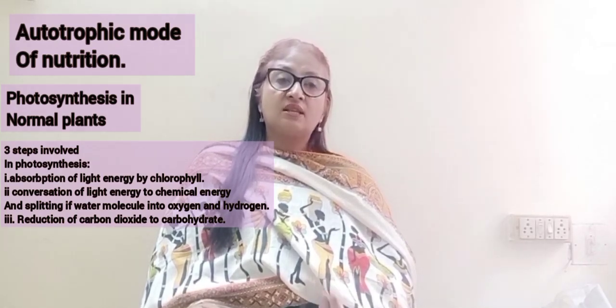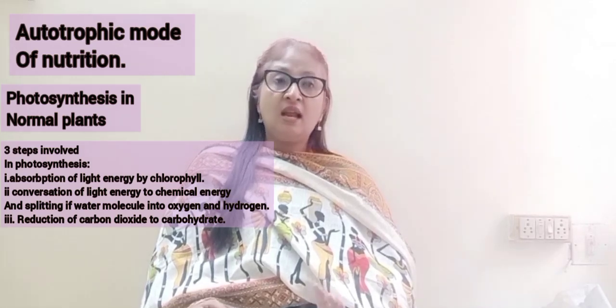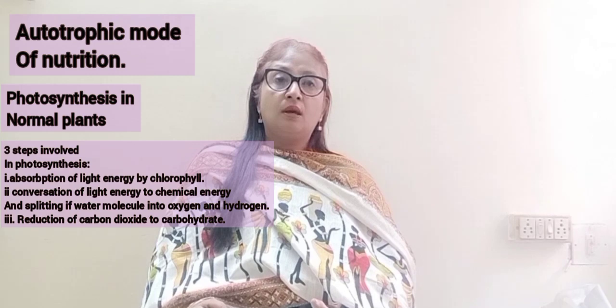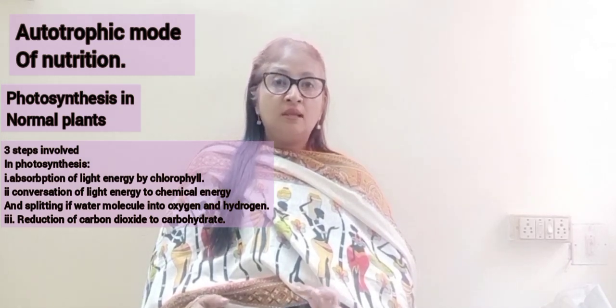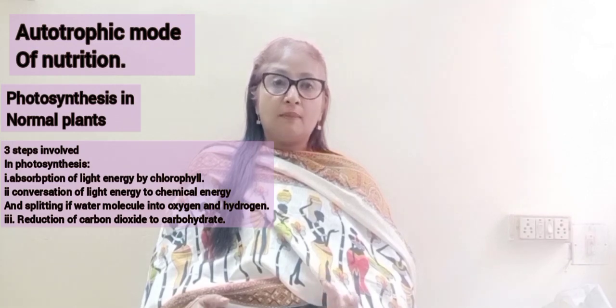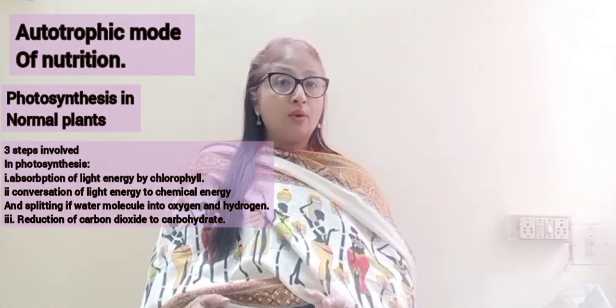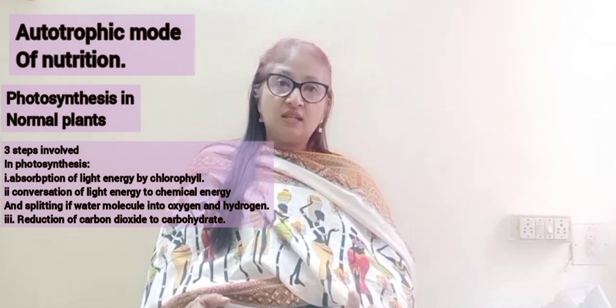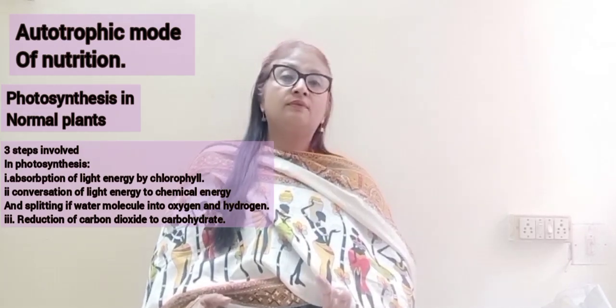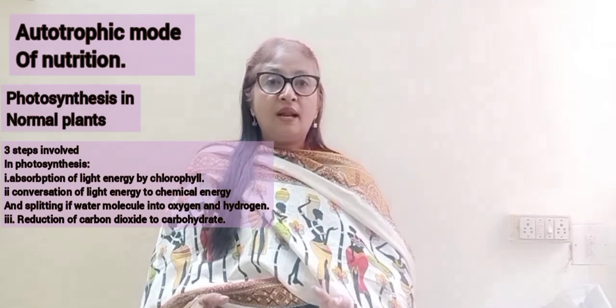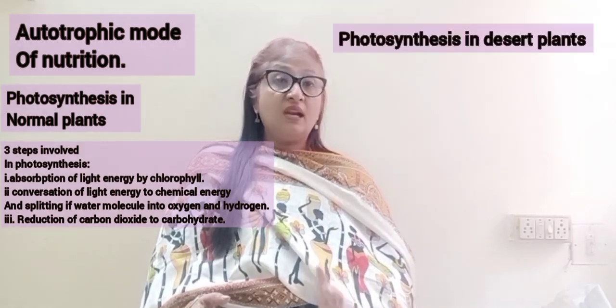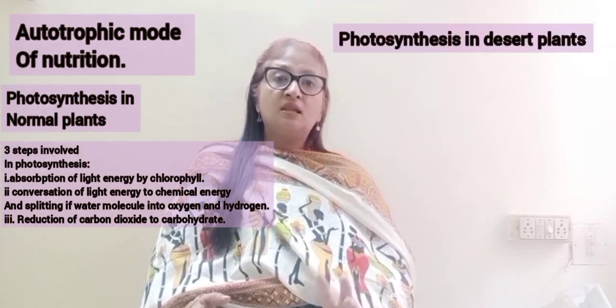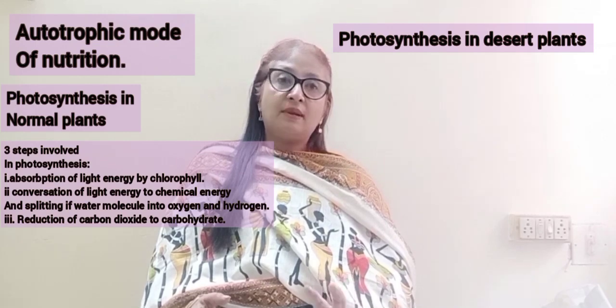Third step is reduction of carbon dioxide to carbohydrate. Once again, I repeat, light energy is absorbed by chlorophyll. This light energy is converted to chemical energy. Then splitting of water molecule into oxygen and hydrogen takes place. Then reduction of carbon dioxide to carbohydrate.